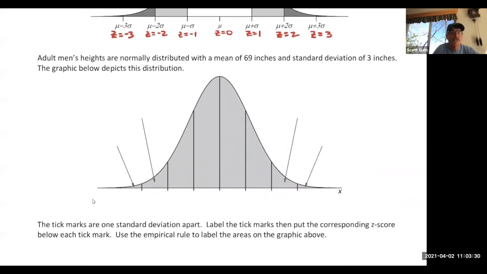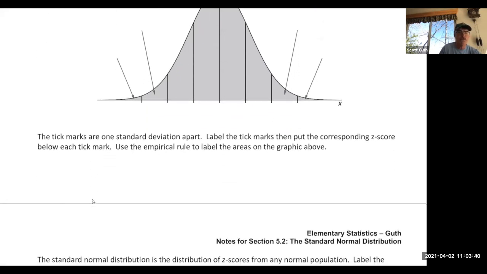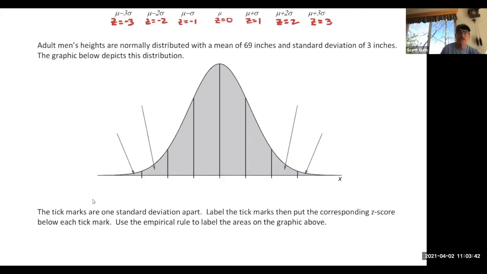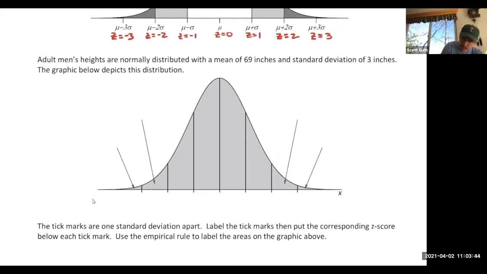Anyway, so it says adult men's heights are normally distributed with a mean of 69 and a standard deviation of 3. The graphic below depicts the distribution. We're going to label the tick marks with their z-scores below. Okay, again, the mean is 69, so we know we can put a 69 right in the middle. The tick marks here are 1 standard deviation apart.